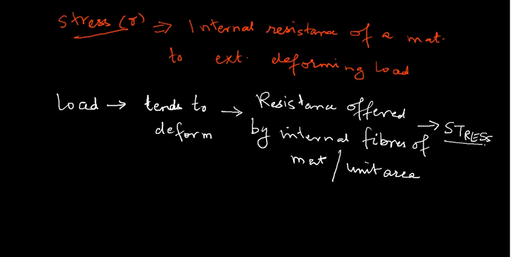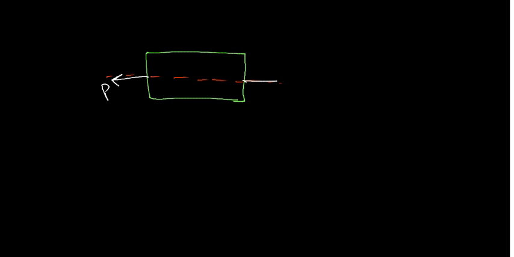okay, a more pictorial representation would tell me that if this is my material, let's take a small bar, let's draw the axis. We are taking an example of an axially loaded member. Now if I'm trying to pull it apart by applying an axial load like this, I'm trying to deform it.